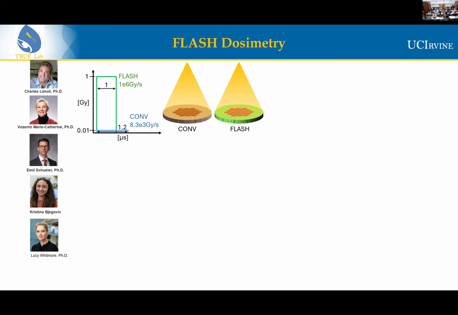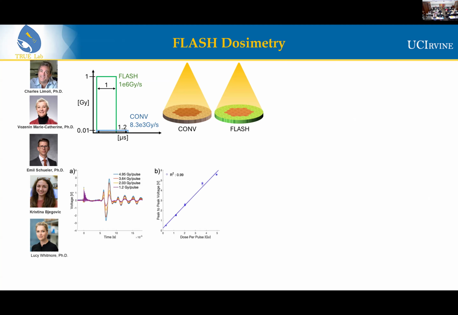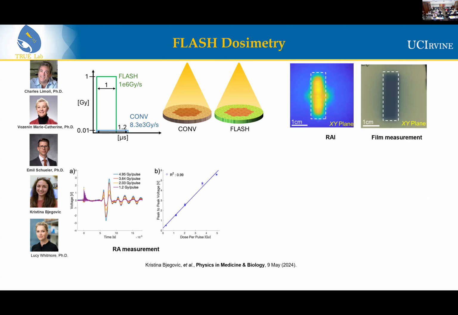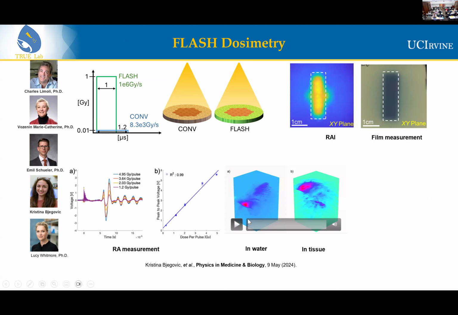We deliver almost all the dose, one gray per pulse, into the patient. We call that flash radiotherapy. And then dosimetry is a problem. The traditional dosimeters do not work anymore, either saturated or not fast enough. And our radio acoustic imaging actually can do a very, very good job. We have done a lot of studies in water, in tissue, and also on animal models recently.